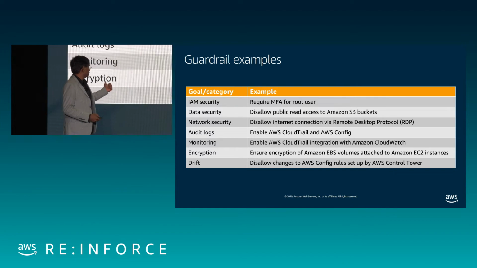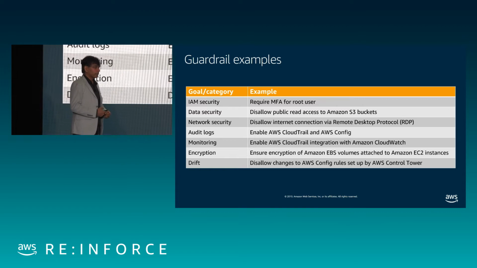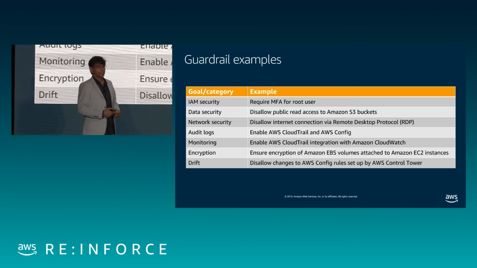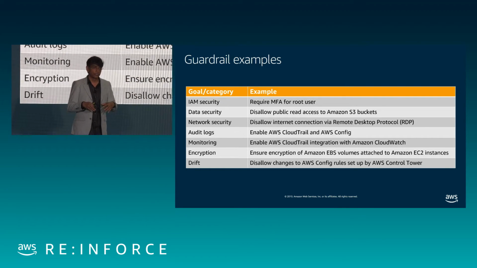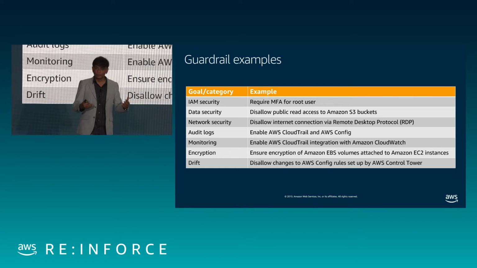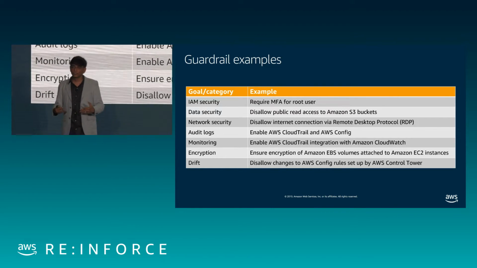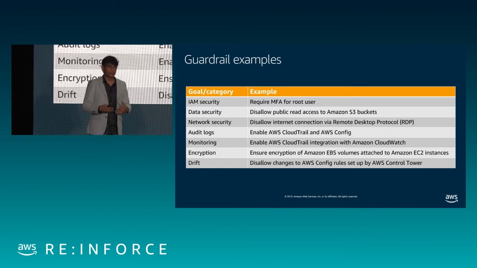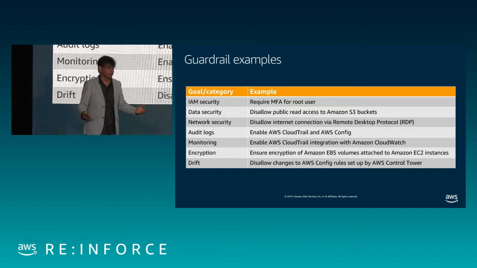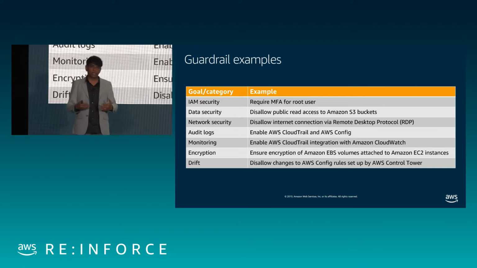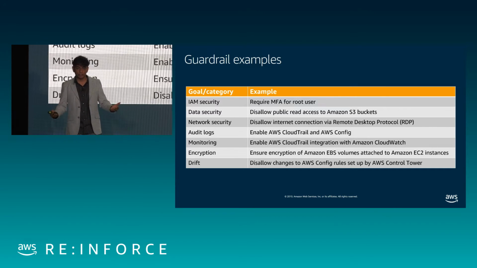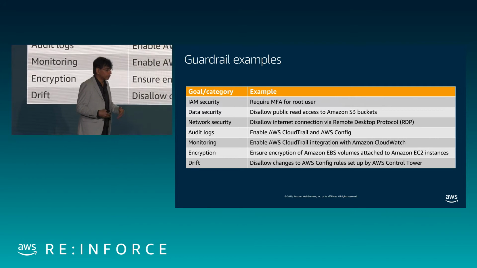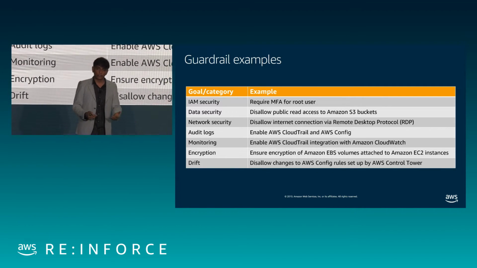And at the end, you see a drift guardrail, and think about those as what a Control Tower administrator could possibly do. One of the tenets of Control Tower is to be transparent, which means the underlying services that are set up by Control Tower are still accessible to you. You can go to these services like AWS Organizations and configure rules and do additional things that you want to do.